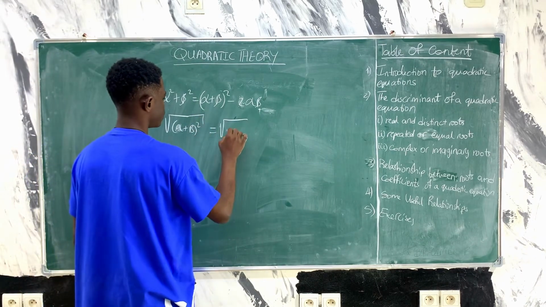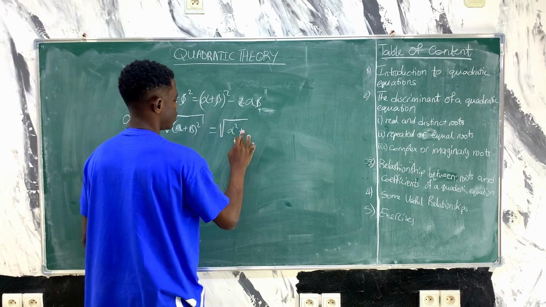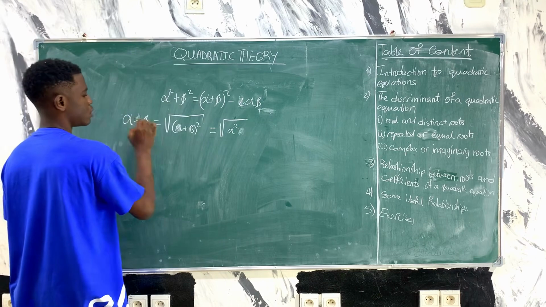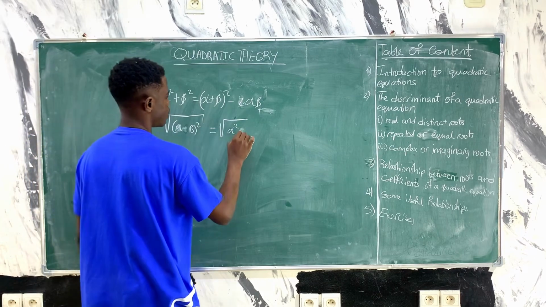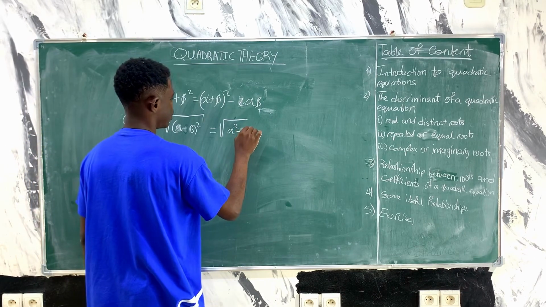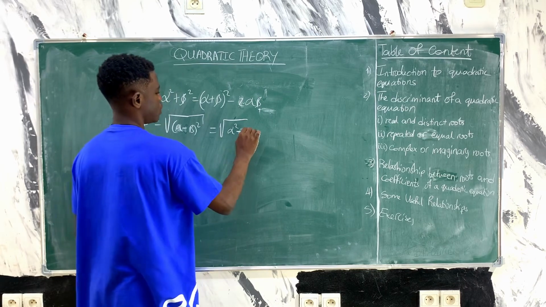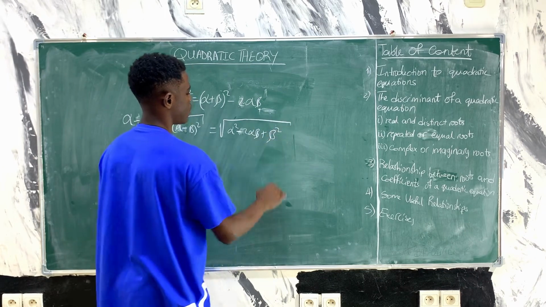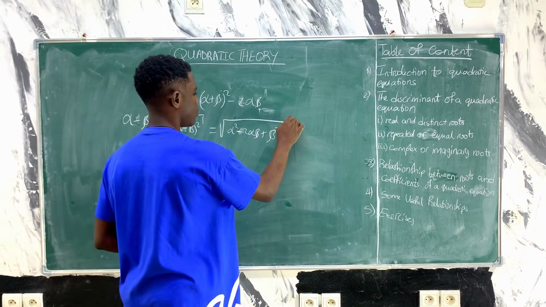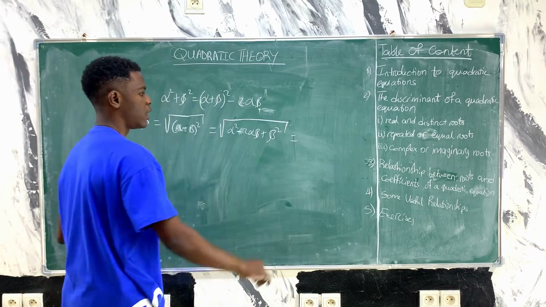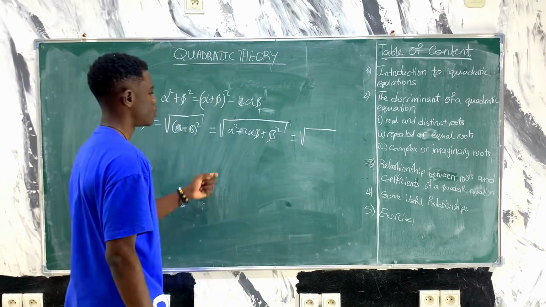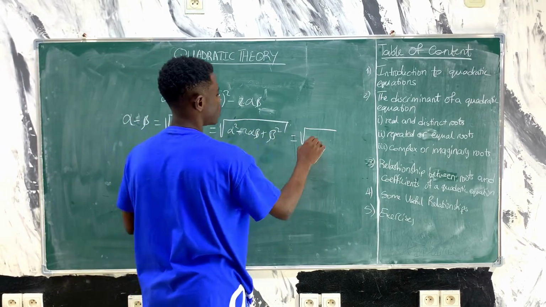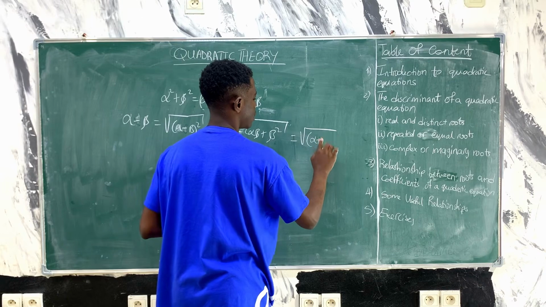It is the same as the square root of alpha squared minus 2 alpha beta plus beta squared, in the case of minus. So this is what you're going to have, which could be more simplified.